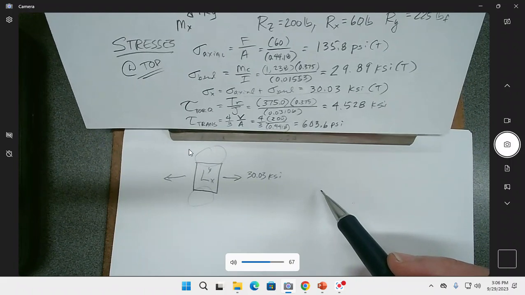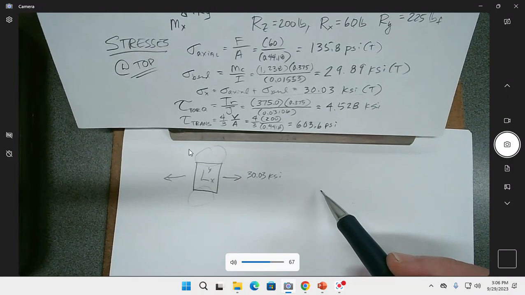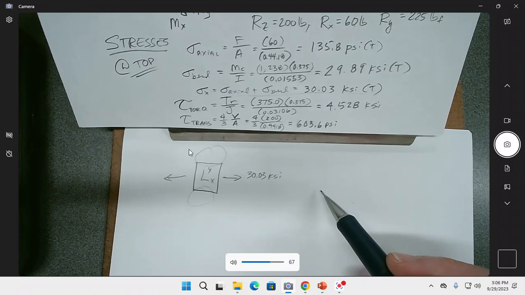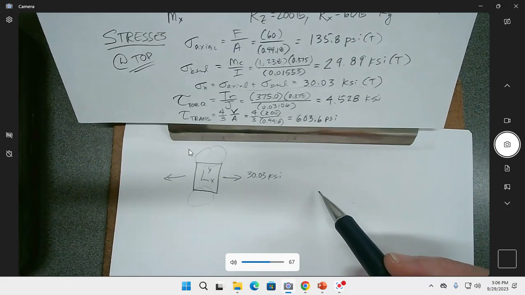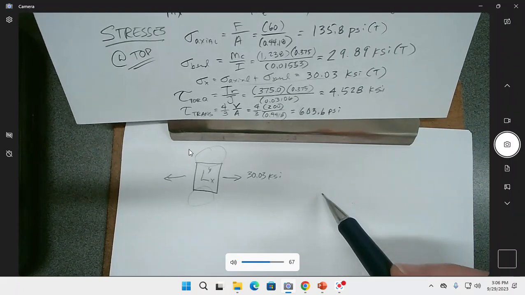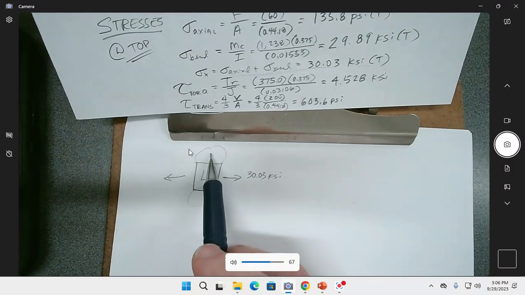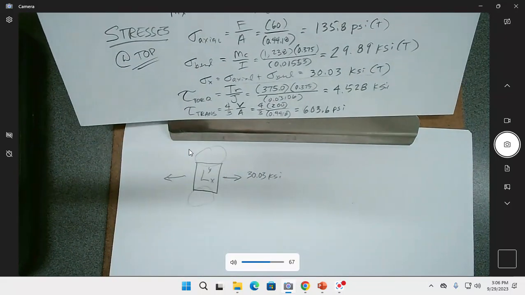What if this thing was hollow and we decided to put hoop stress? Yeah, if we made it hollow and put some pressure on there, we would get some tension. That's the only circumstance under which you would have stress here, with normal stresses on both faces.